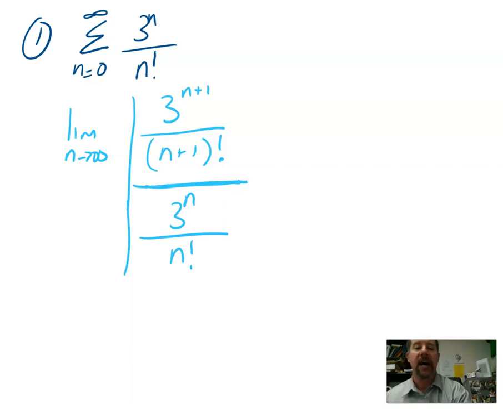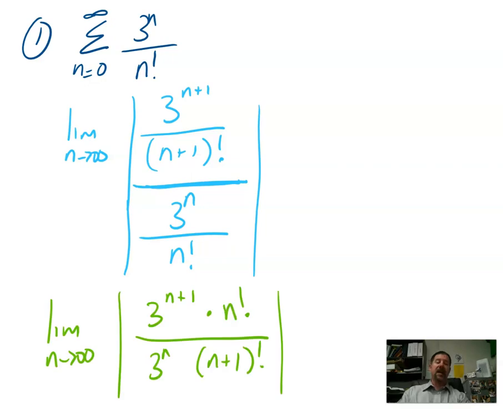So I'm going to divide these two things and take the absolute value of it. Okay, now to simplify that giant complex fraction, you are going to keep this one, flip this one, and multiply. And so when I do that, I should get something like 3 to the n plus 1 times n factorial over 3 to the n times n plus 1 factorial.